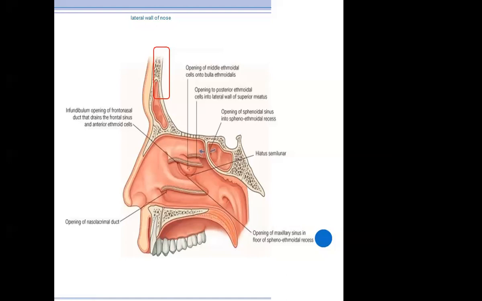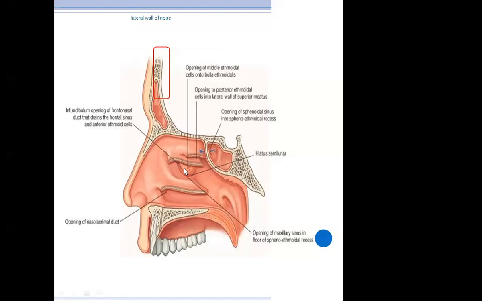Here you can see the bulla ethmoidalis, and here we can have the openings also. Small dots are there. These are the openings of the middle ethmoidal cells on the bulla ethmoidalis.